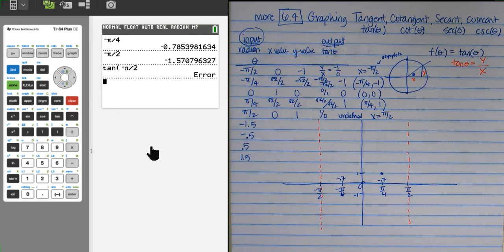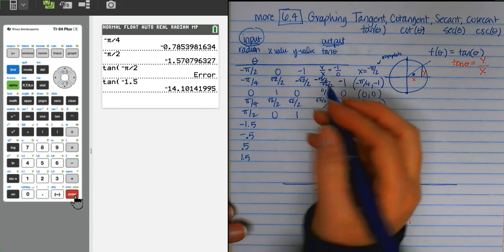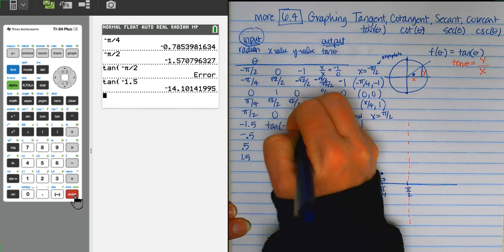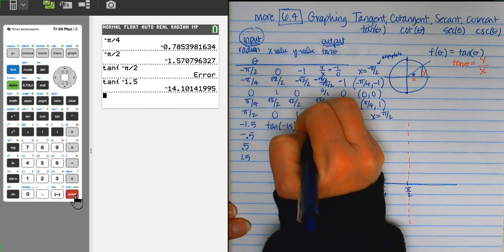Let's try these values that I've got in my chart. Tangent of -1.5, enter. So -14. Tangent of -1.5 equals -14.